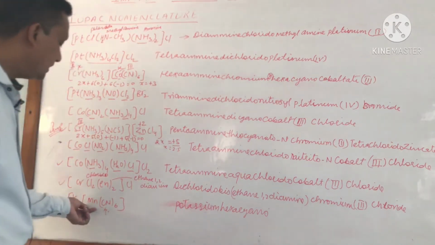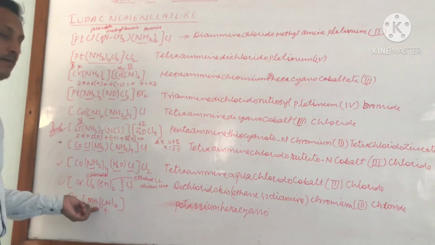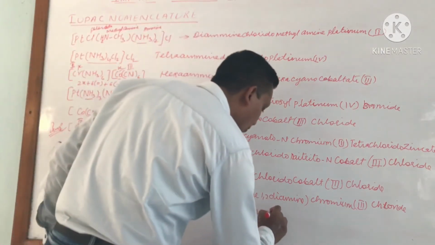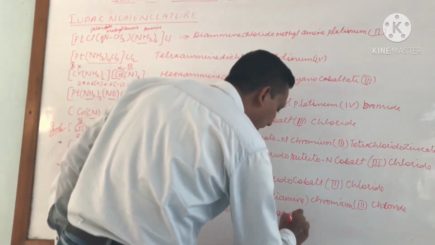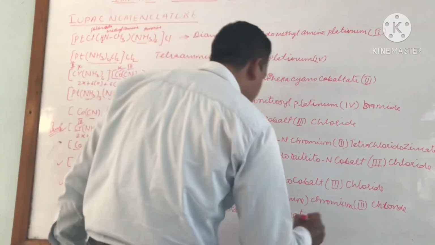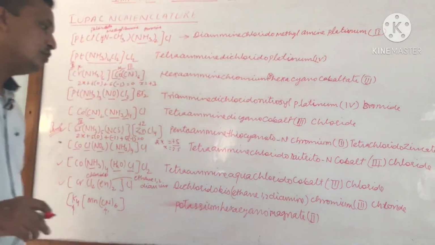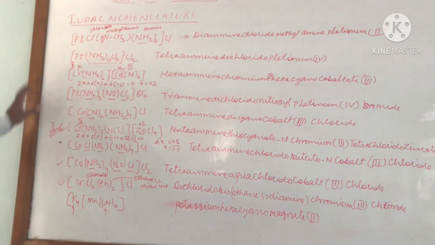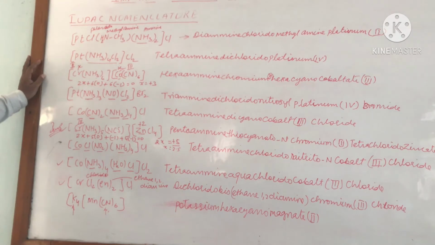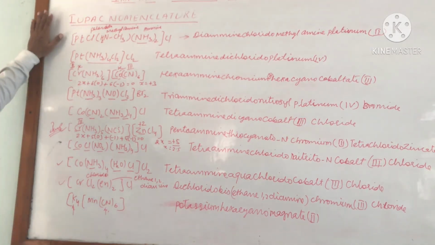Because Mn is present in the negative part, we write the name of Mn as manganate, and the oxidation state of Mn is 2. So potassium hexacyanomanganate(II) would be the IUPAC name. So this is for the IUPAC nomenclature.